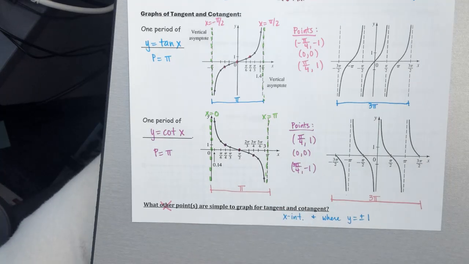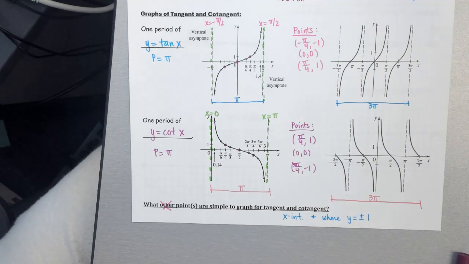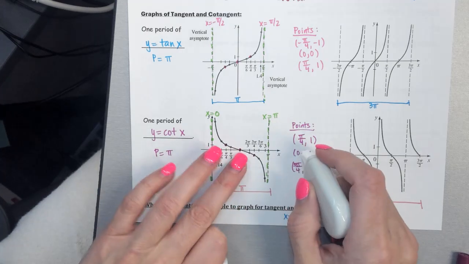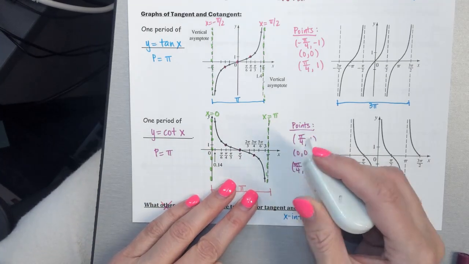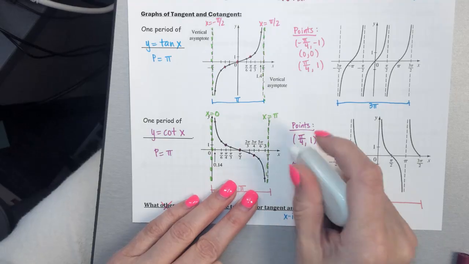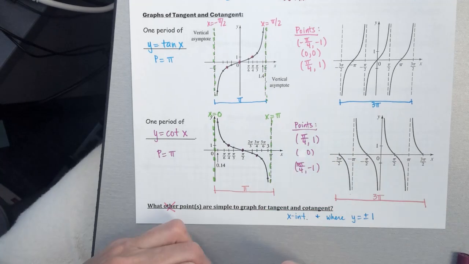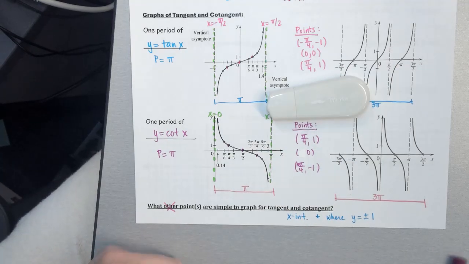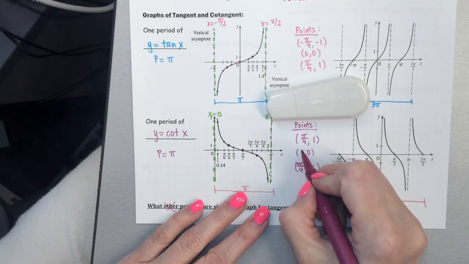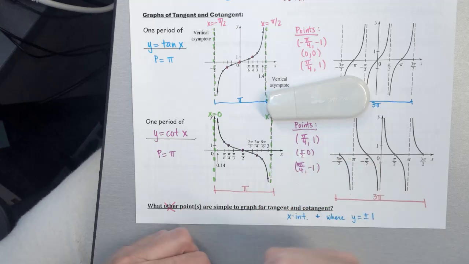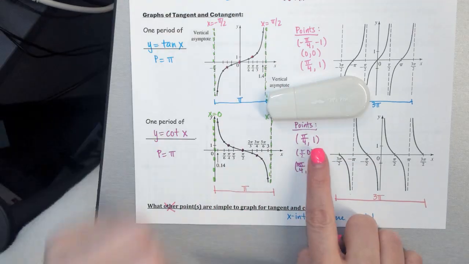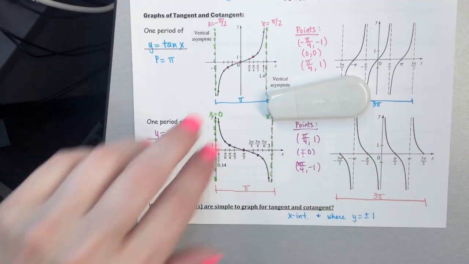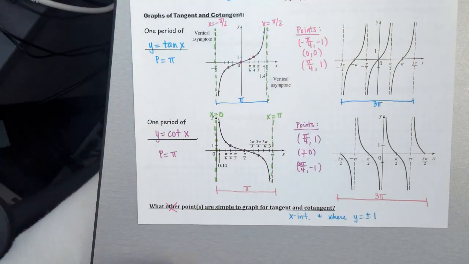Oh, yeah, thank you. Yes, for that I put 0, 0 like we did before, but obviously it is not there. It's at pi over 2. Thank you, Mr. Penn. Yes, so you have your x-intercept. At pi over 4, you're at 1. 3 pi over 4, you're at negative 1.